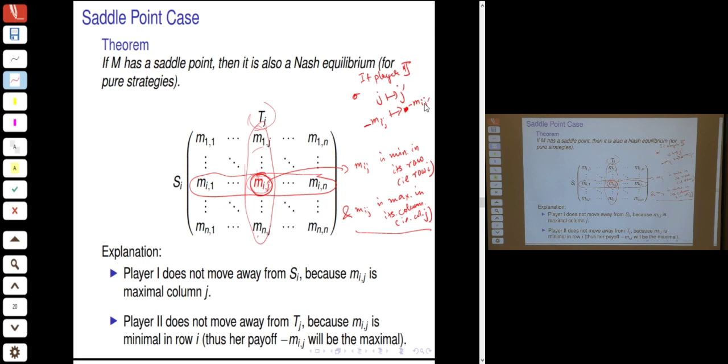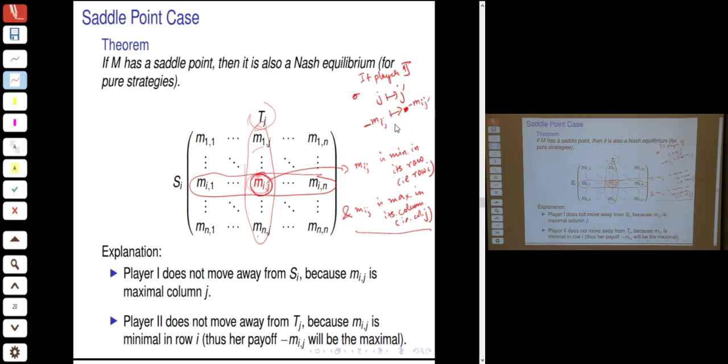Now because player 1 is sticking to strategy I, it makes sense for player 2 to make this switch from strategy J to strategy J prime only if his payoff increases. Now what is the condition?